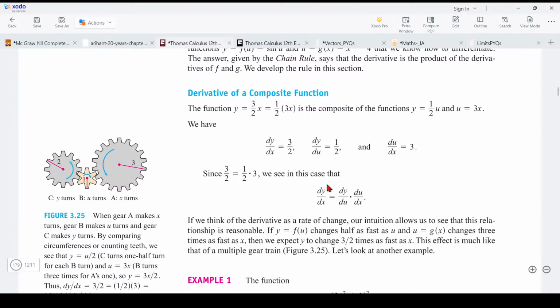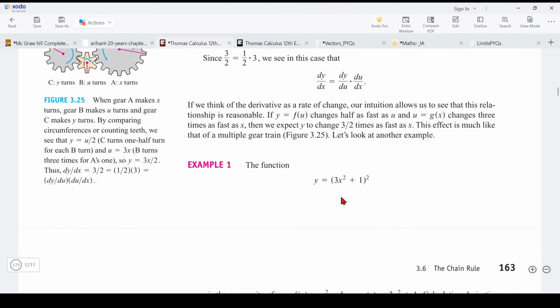If dy by dx is there, you can write it as dy by du into du by dx, right? For example, this is actually a composite function. There is a function x, there is a function x square, there is a function 3x plus 1.